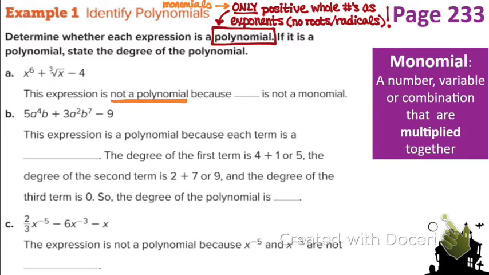That radical is what's breaking it. This is a term, but it is not a monomial. So the cubed root of x is not a monomial. That means the whole thing is not a polynomial because that's included as a term here.